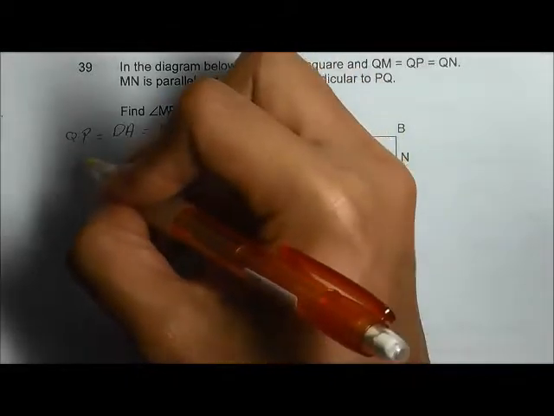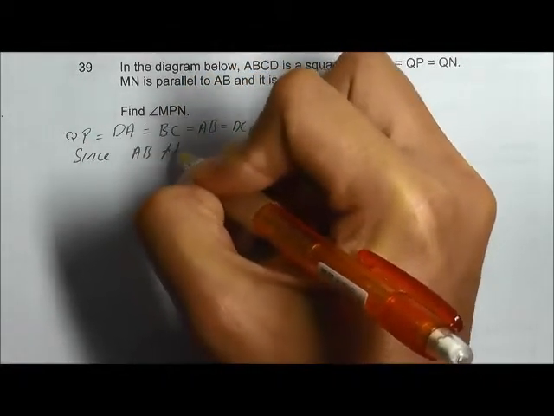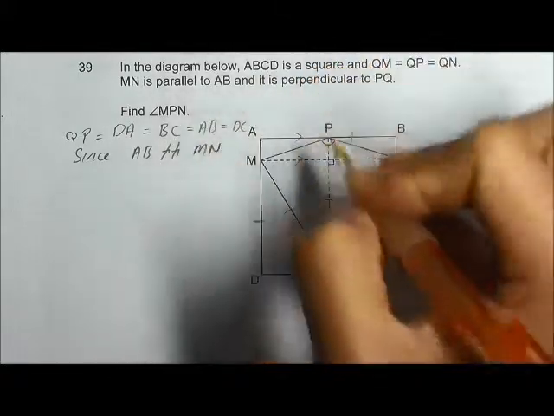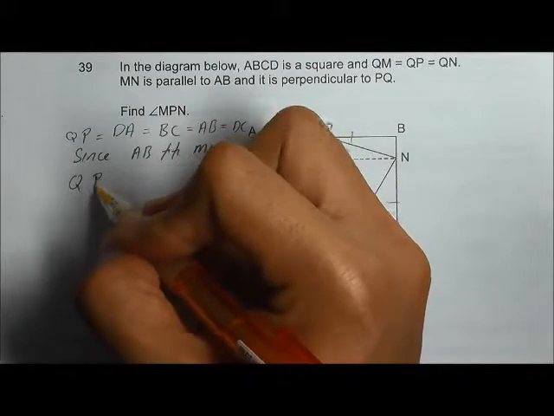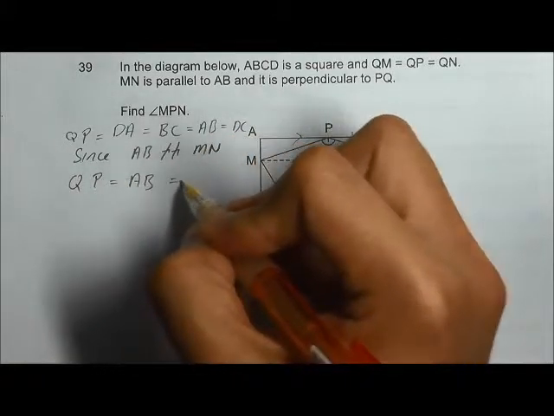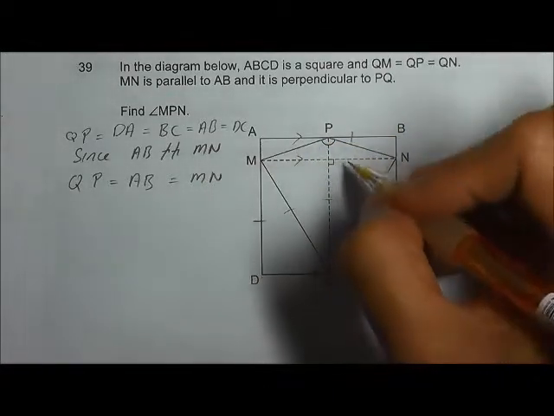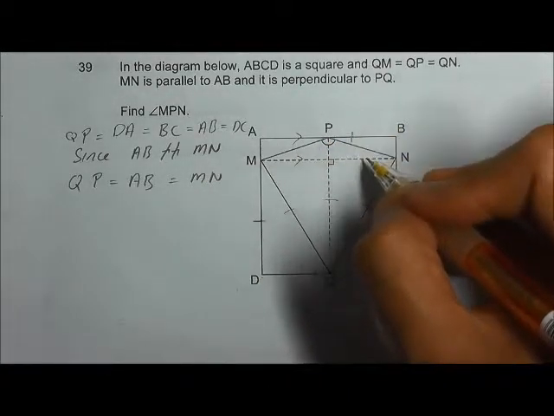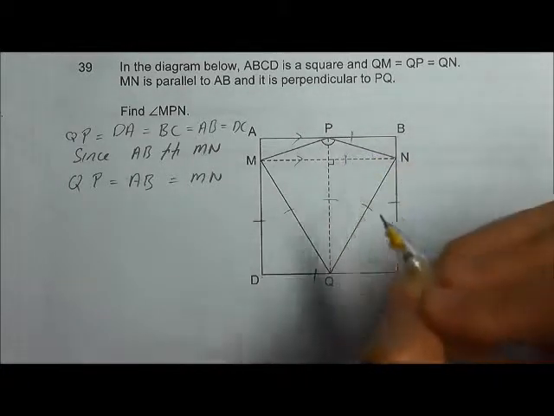Okay, so since AB is parallel to MN, QP is equal to AB is equal to MN. So MN is also the same length as AB, so this is also equal.